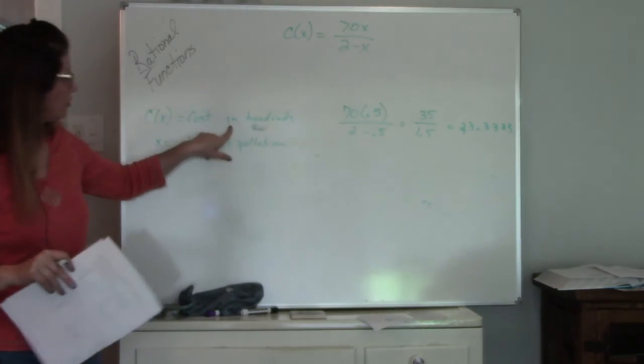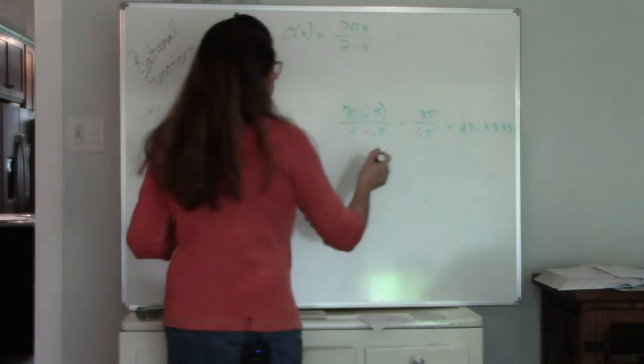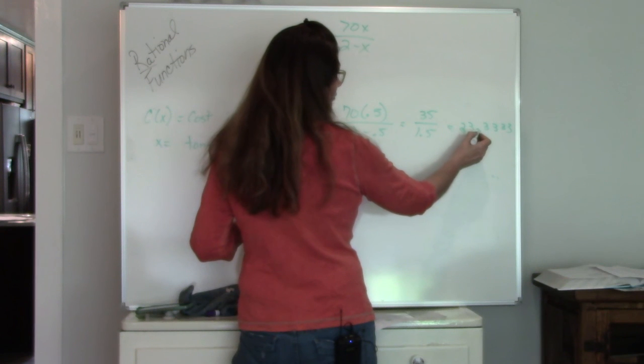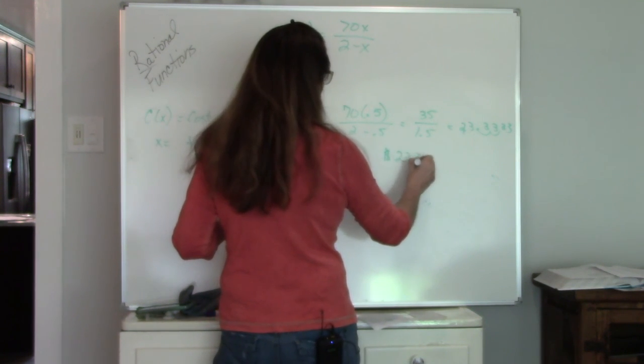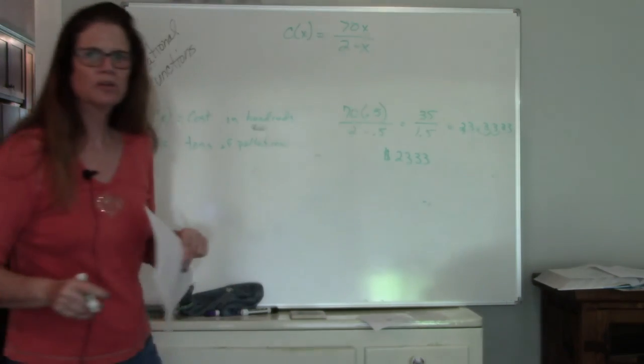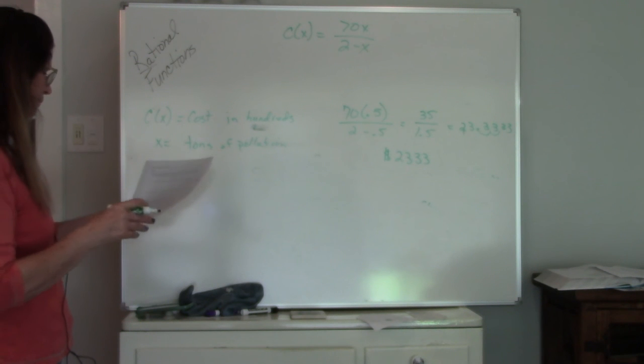Going back to the cost being in hundreds, you're going to move your decimal twice. So it's going to cost $2,333 to remove half of the pollutants in the NVC pond.